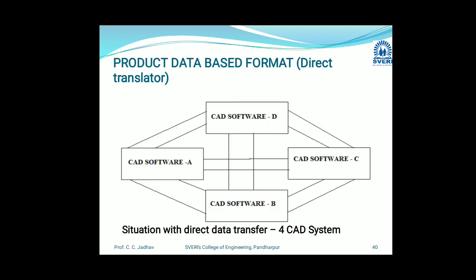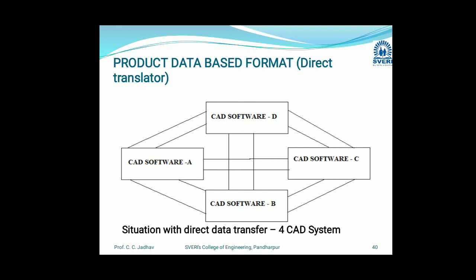Next, direct data exchange by using the product data format. In direct data exchange, you can see we can exchange the data between different software in a direct form. There is no use of pre-processing, post-processing, or creating a neutral file.